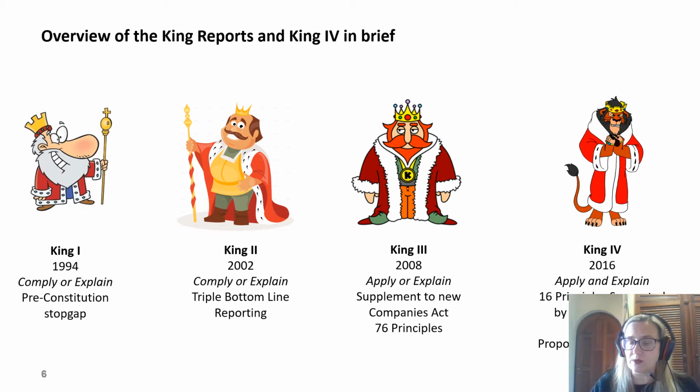We'll go through King 4, and I'll show you how it's been translated. So it's become a very good business tool now, not only to say that we apply the 16 principles of King, but that we really are cognizant that these are good ideas for our business, and they are going to ensure the long-term sustainability of the business.